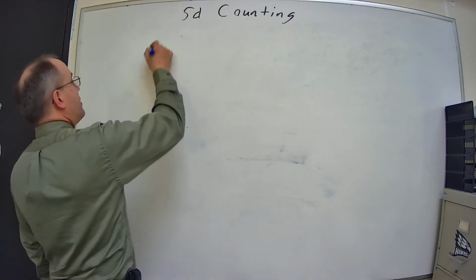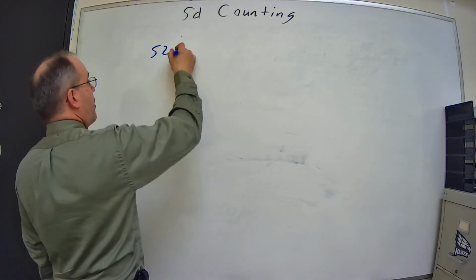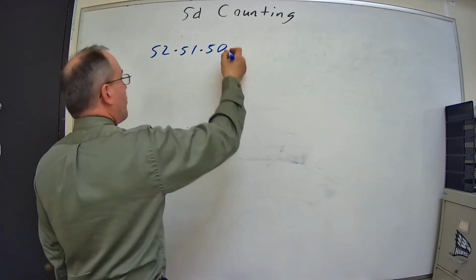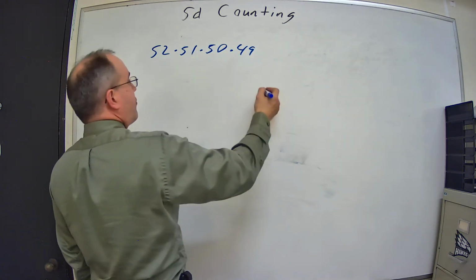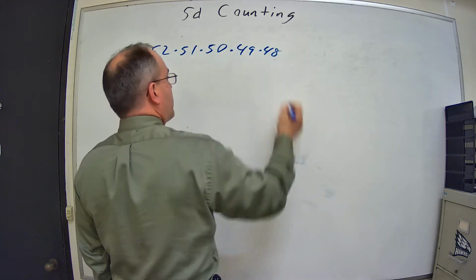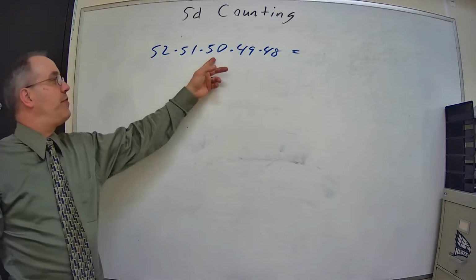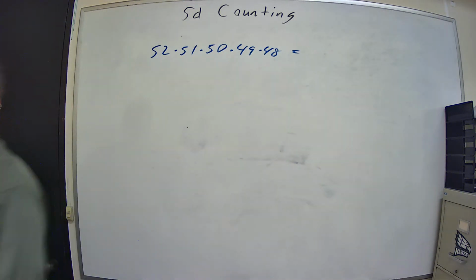So there are 52 possible cards for the first card, and then there's 51 for the second card, 50 for the third card, 49 for the fourth card, and 48 for the fifth card. So we have 52 times 51 times 50 times 49 times 48.